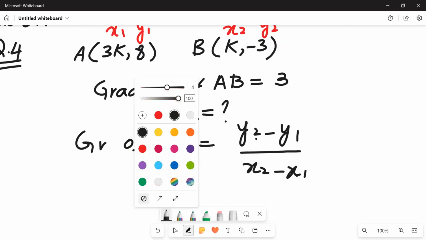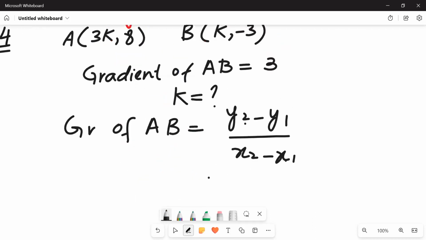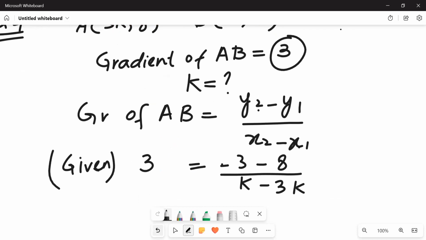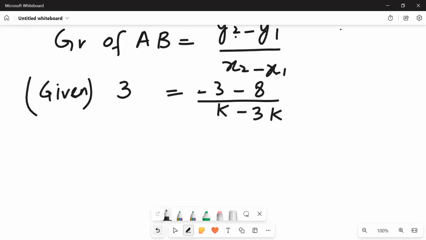By putting these values, it is minus 3 minus y1, which is 8, over k minus 3k, right? And the gradient of AB is given, that is 3. So we will put this value here, that is given in the question. Now we have to find the value of k.